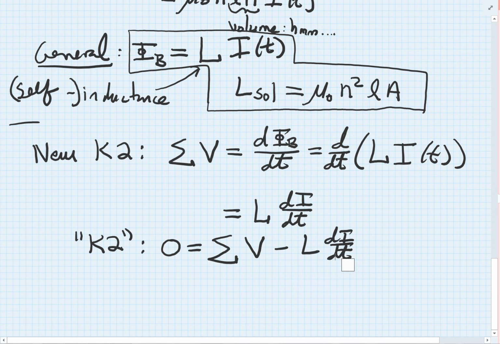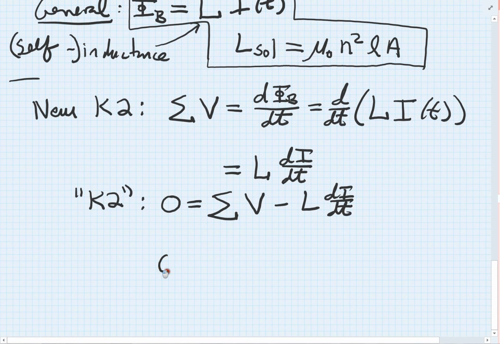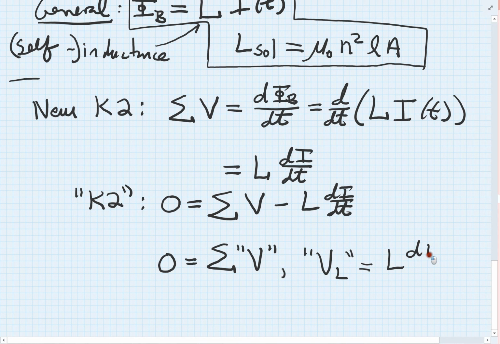So we can really rewrite this in exactly the form you're used to using, which will make your circuit analysis very straightforward by adding up around a loop a set of effective voltages, which must always equal 0. And that will work for us, provided we remember that the effective voltage associated with an inductor is equal to L times di/dt.